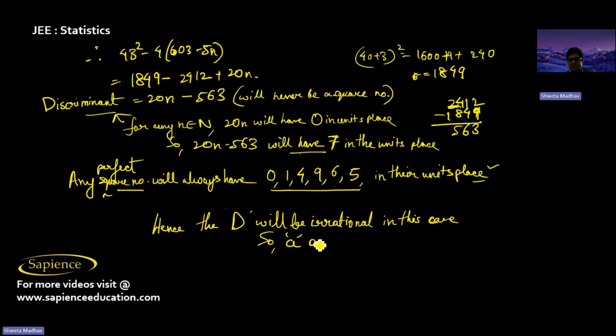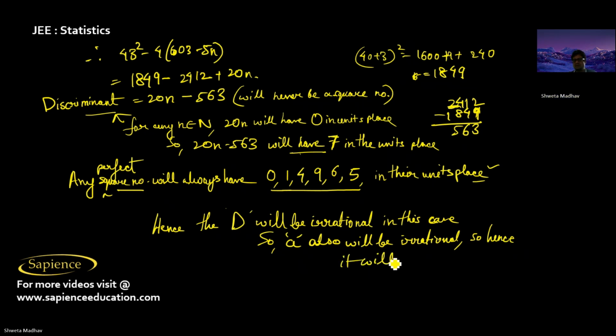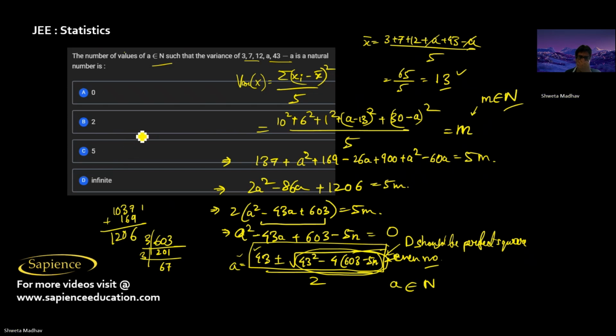So A also will be irrational. So hence it will never be a natural number. So hence there are no such values of n for which the variance is a natural number. So the answer will be option A, which is 0.